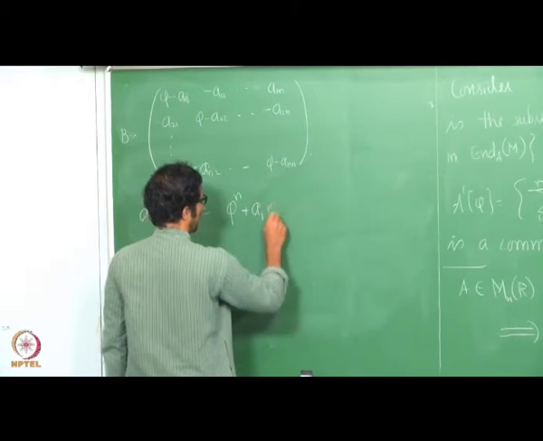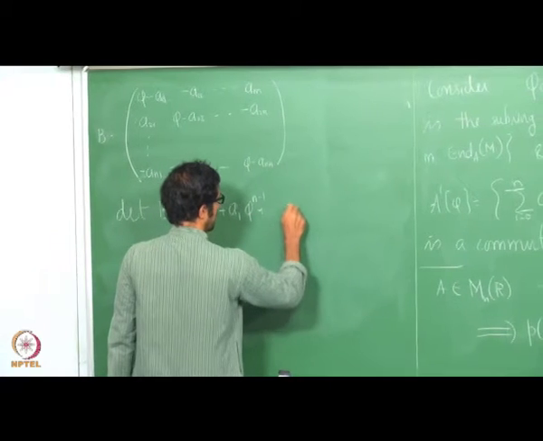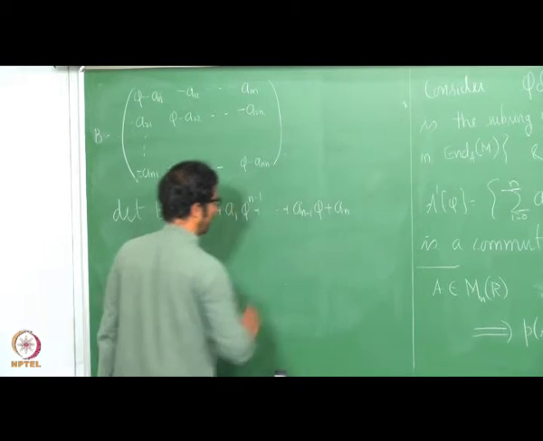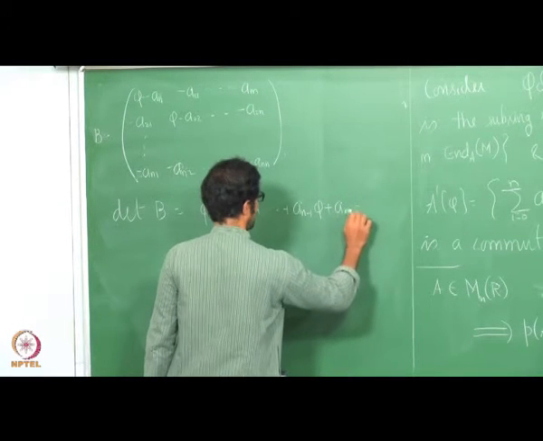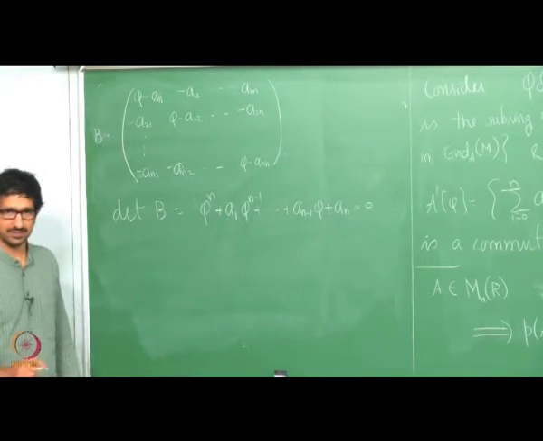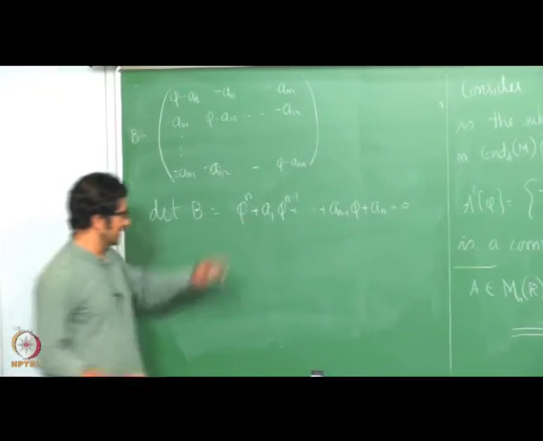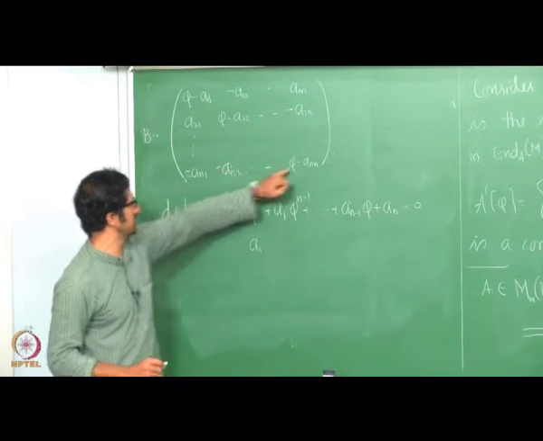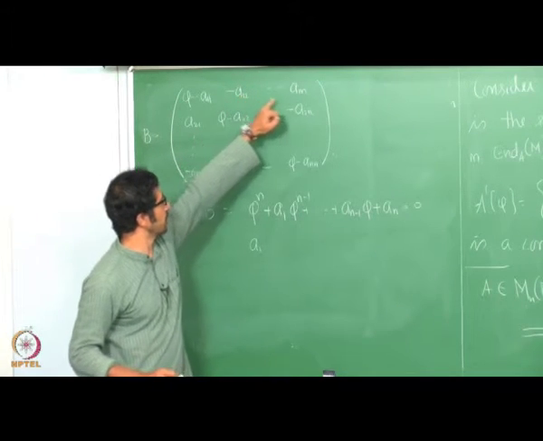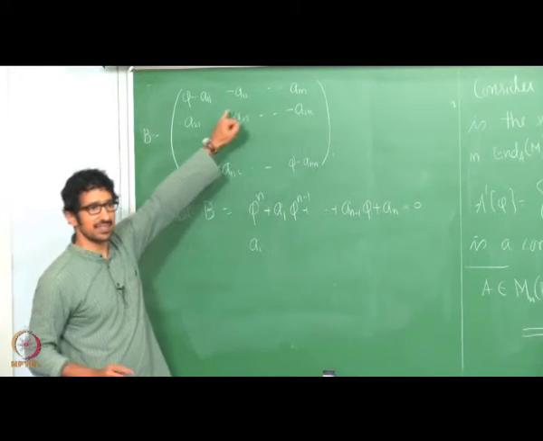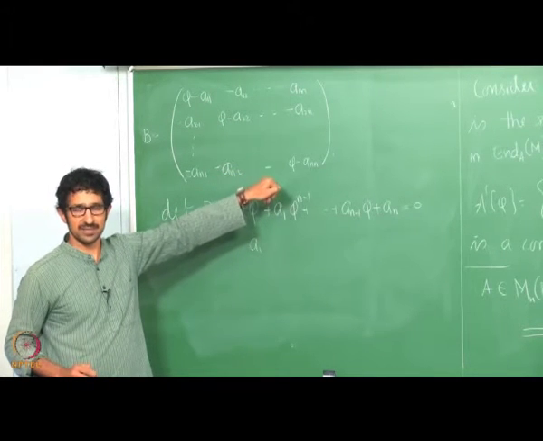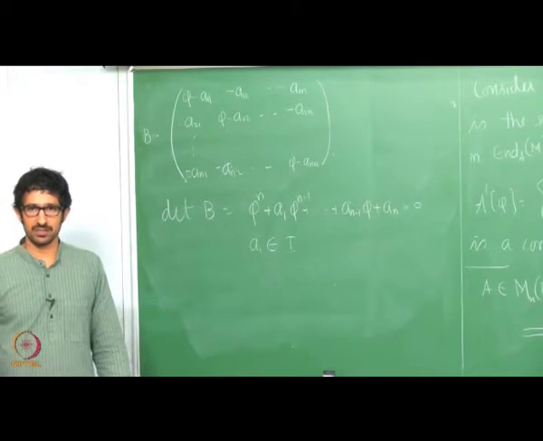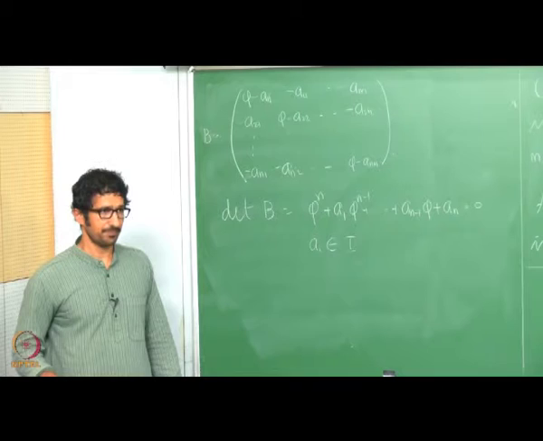So this will be φ^n + a1 φ^(n-1) + ... + a_(n-1) φ + a_n, right. All these a_i's are linear combinations of the a_ij's, and they are all in the ideal I. So a_i belongs to I, and that is precisely what we were trying to prove.